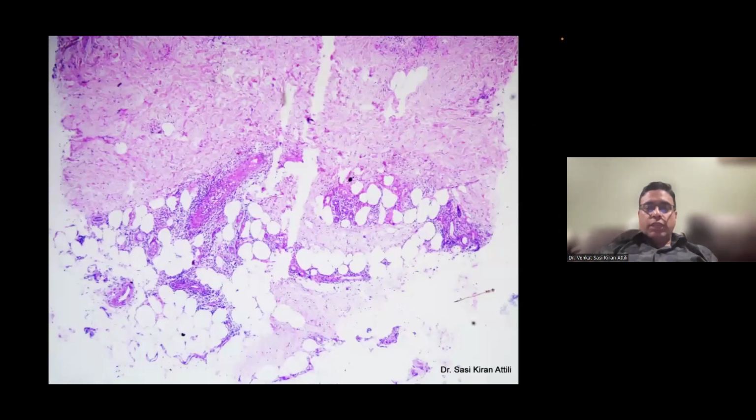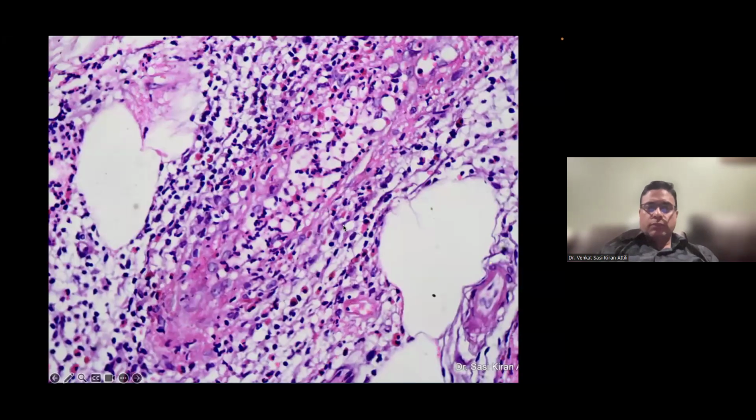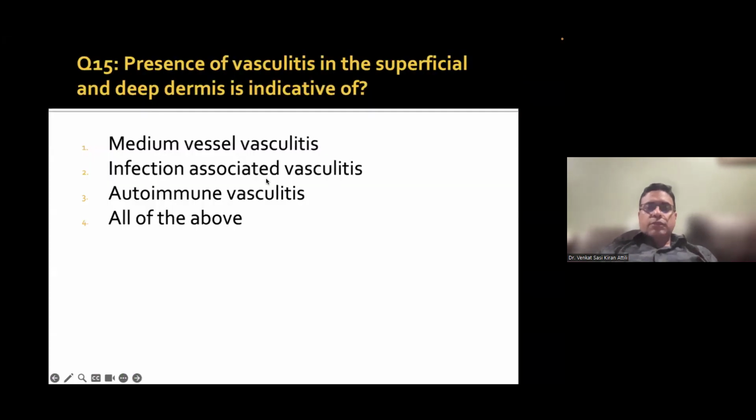So here you're seeing vasculitis affecting the deep vessels and also superficial vessels. I'm not just showing the picture. There you go. Vasculitis affecting the deep vessel. Presence of vasculitis in the superficial and deep dermis is indicative of A, medium vessel vasculitis, B, infection-associated vasculitis, C, autoimmune vasculitis, or all of the above.